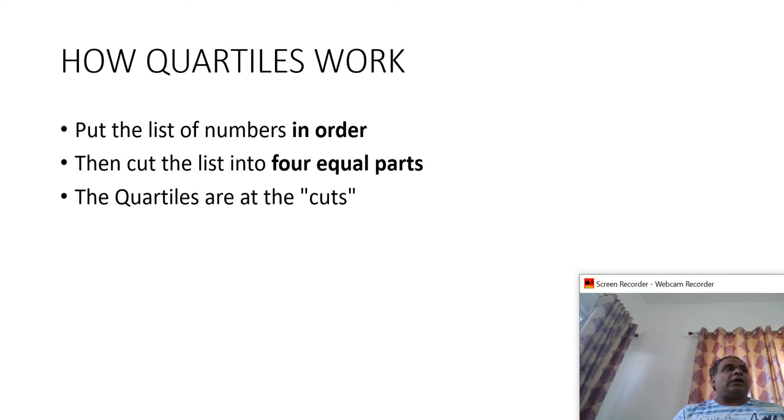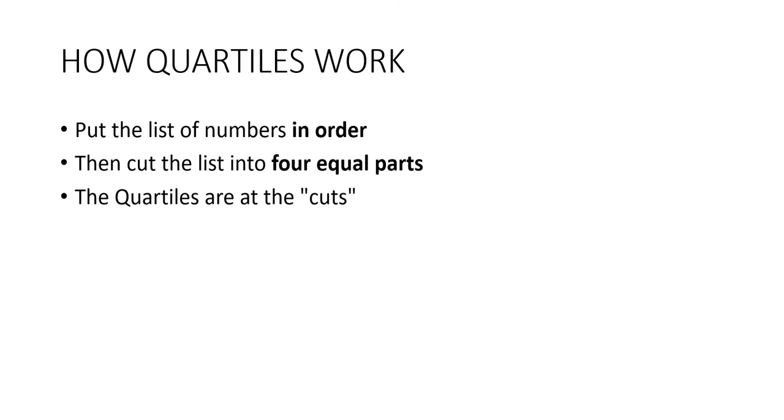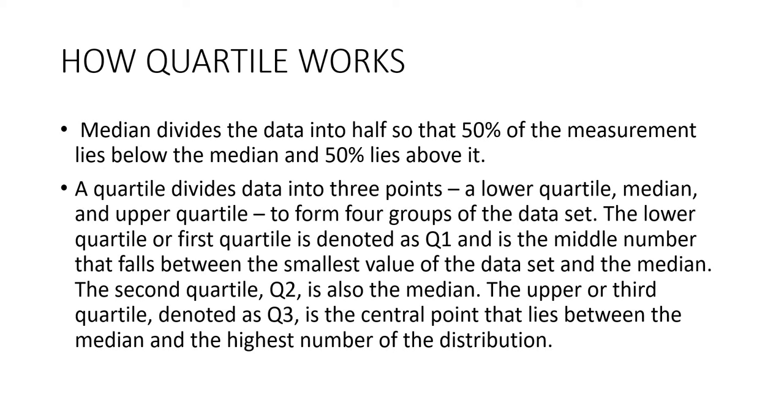So the steps we need to follow are: put the list of numbers in order, then cut the list into four equal parts. The quartiles are the cuts. That's simple. Now I will explain how it works in a detailed manner.